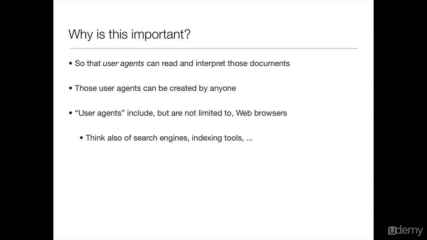Why is it important to describe the content of your web documents? Well, again, the W3C view on this is that it's to enable user agents to read and interpret those documents. The reason why you need to have a standard way of marking up the documents is because those user agents can be created by anybody.